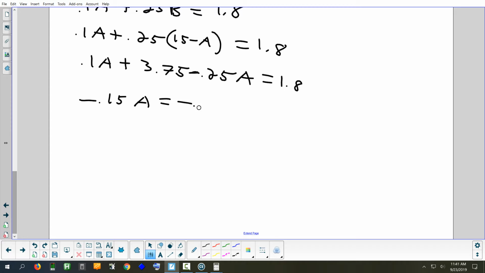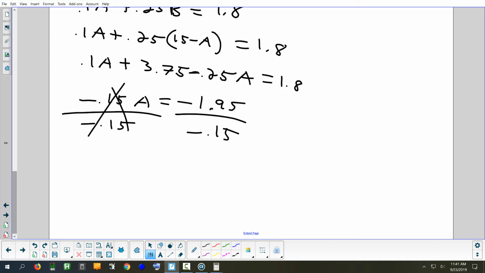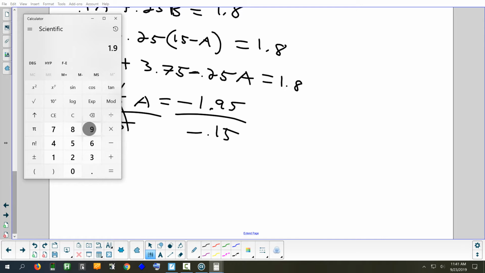So negative 1.95. And last step, divide by negative 0.15. So that's good that we have a negative over a negative, because you should end up with a positive amount.